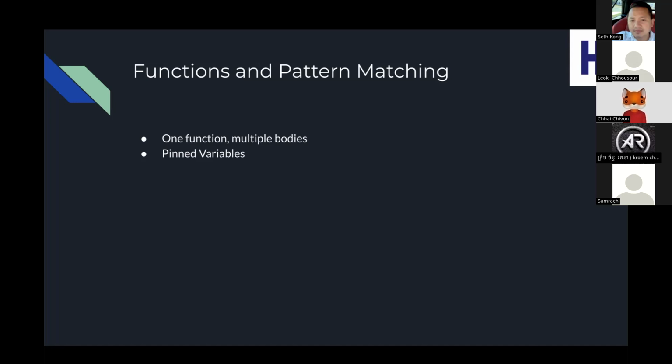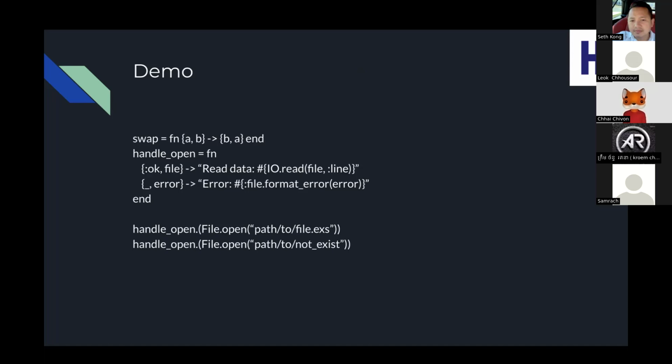However, you can define multiple bodies for one anonymous function, which means it is equivalent to 5 or 6 functions in another language. Here we just need one function, but each line would do the pattern matching, right? Okay, let's take one for example.